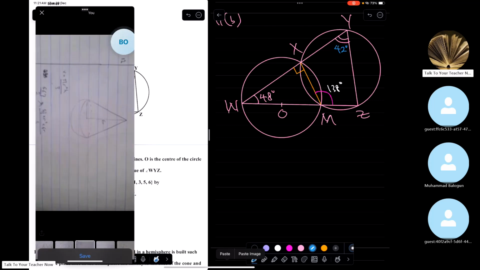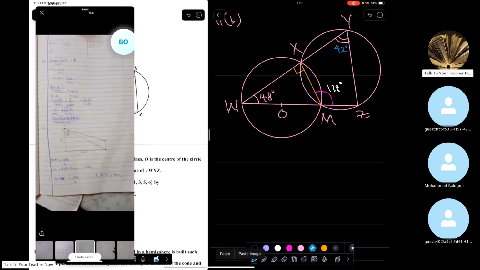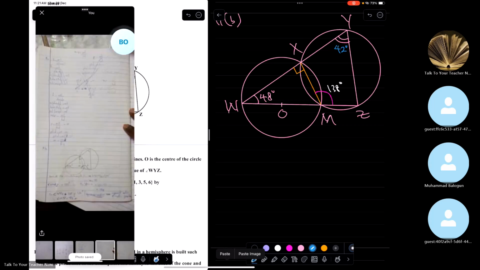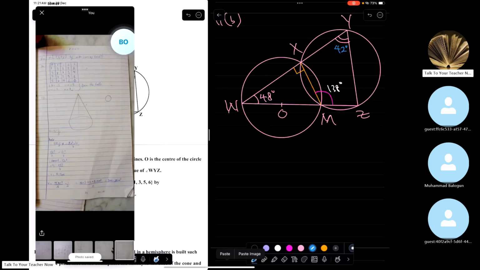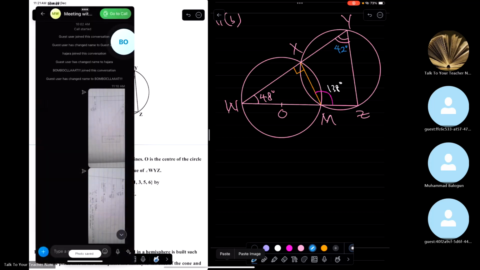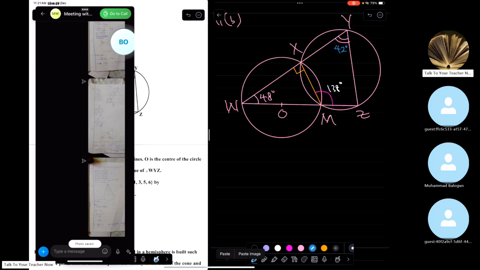Okay, we are now going to write it in detail so that you see what the solution should be. That question looked a bit tricky, but it was really simple. So now let's see.